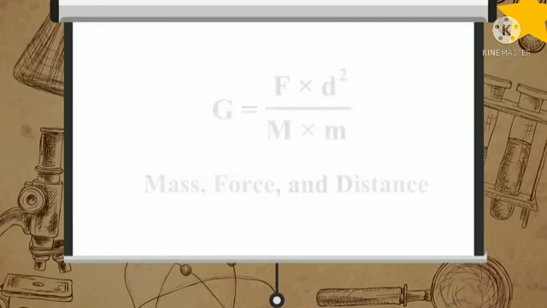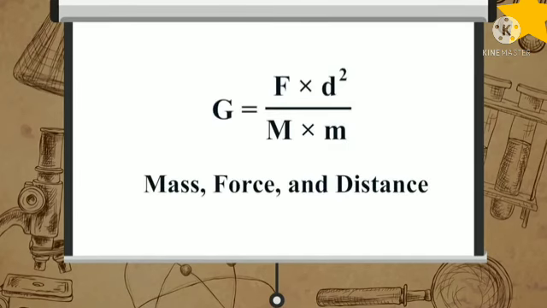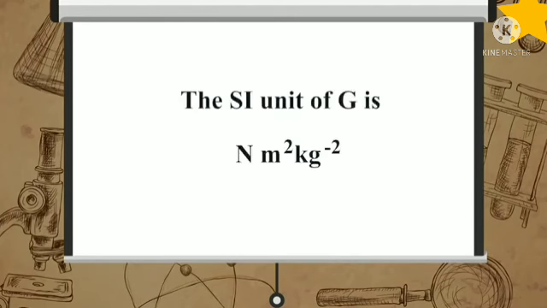It involves Newton for force, mass, and distance. So we can derive that the SI unit of G is Newton meter squared kg power minus 2.